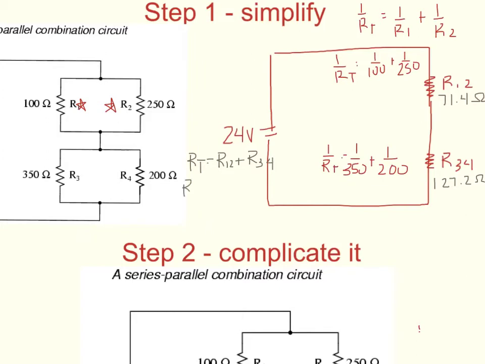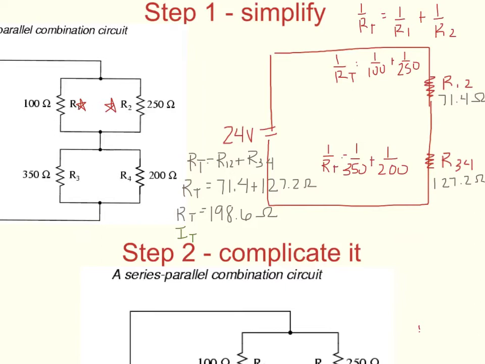So RT, the total of the entire circuit, would equal 71.4 plus 127.2 ohms, or RT would be approximately 198.6 ohms.